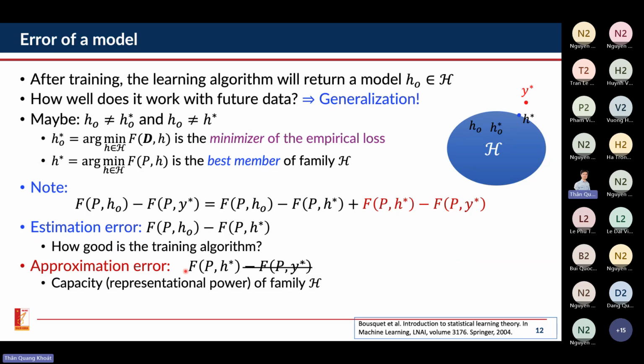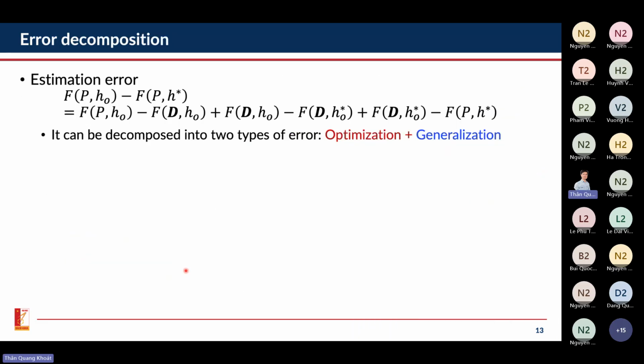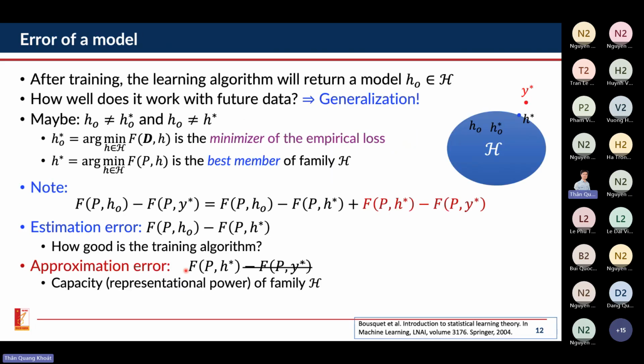We choose a specific type of model, one architecture, then it should have some approximation error. Any question?